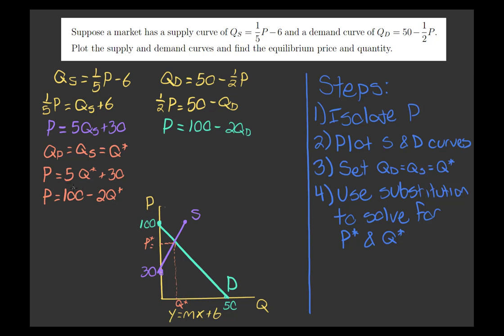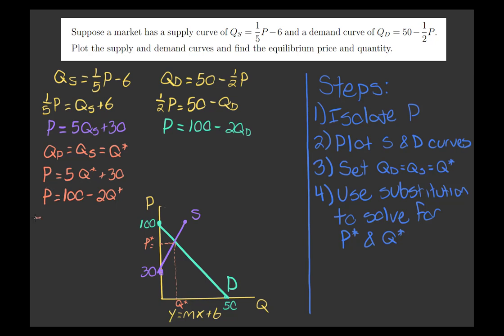This implies that we can actually use substitution to solve for the equilibrium quantity and then the resulting equilibrium price. Now, a side benefit from isolating P in both the supply and the demand equations is that it makes substitution quite simple, since we know that 5Q star plus 30 is equal to P and 100 minus 2Q star is equal to P.